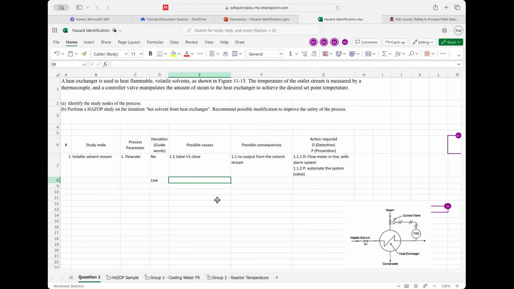Okay, so this is 1.2. Possible causes: valves also, someone closes it, the operator closes it accidentally, or reduces the valve or reduces the setting of the valve.